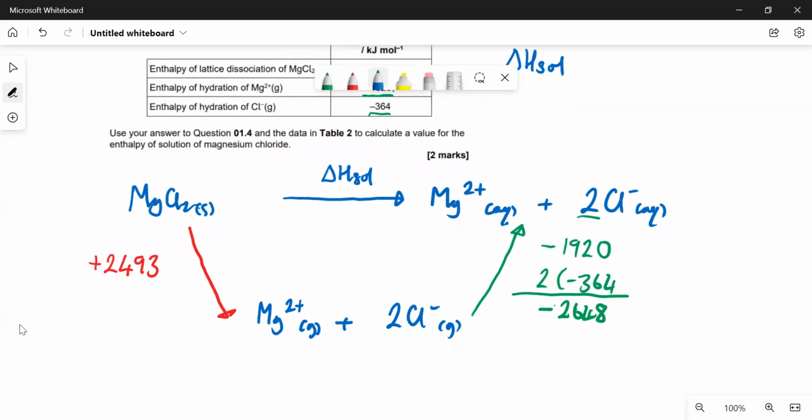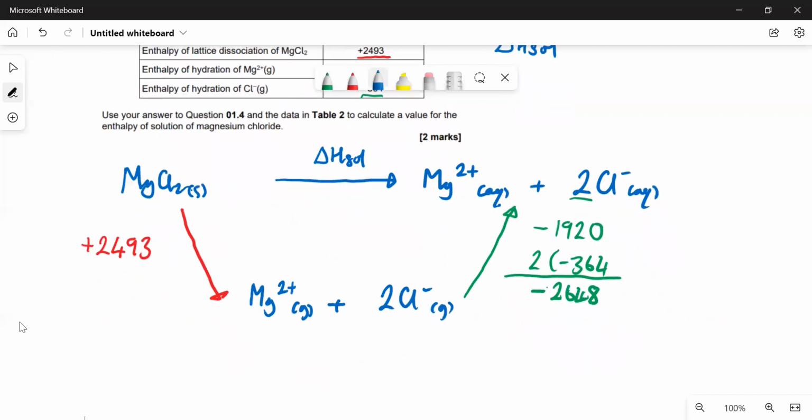So now we can see here the Hess's law cycle, delta H sol. Well, we're going with the red arrow there, so that's going to keep its sign. And then we're going up there with the green arrow, so that's going to keep its sign as well. So delta H sol is simply going to be plus 2493, and add on the minus 2648.